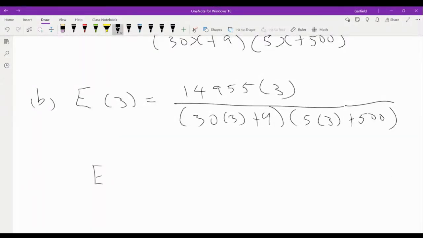So E of 3 was greater than 1, whatever that number was, and you guys could probably calculate it. So if it's greater than 1, it's elastic, and if it's elastic, a change in price will affect the revenue. That's basically it. Are we good on that, Michael?